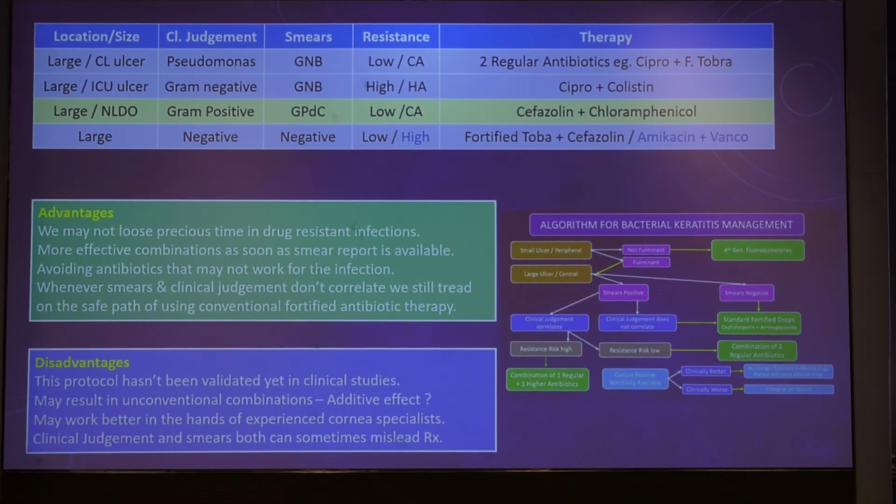On the contrary, if you have a patient coming from the ICU or from a hospital environment where there is a very high chance of having drug resistance in these gram-negative bacilli, you could consider using a higher generation antibiotic from day one, because you have very little time to lose. So based on the risk of resistance, in situations where there's a very high risk of having resistant organisms, you could consider using a higher generation antibiotic right at the go.